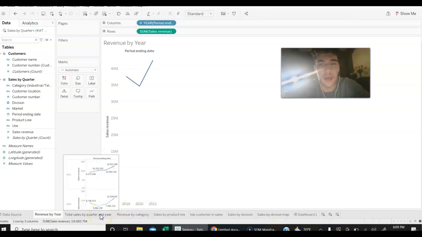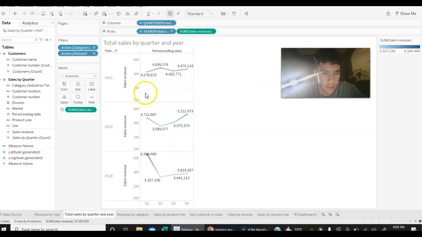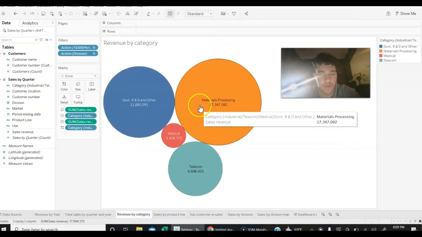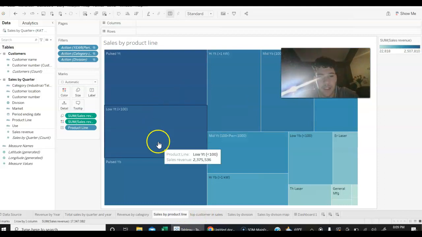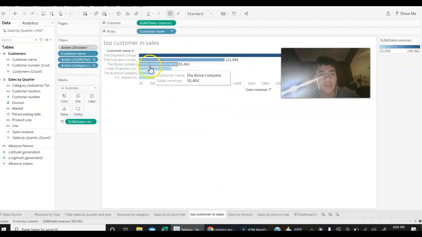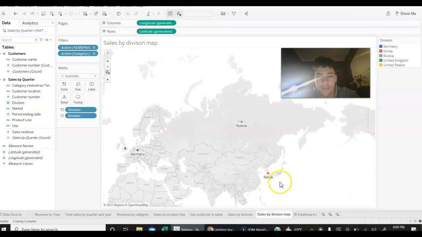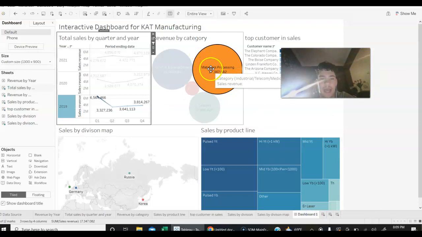This shows my revenue by the year, total sales by quarter and year, a little more specific, revenue by category, sales by product line, my top customers, my sales by division. Here's the map to go along with the last sheet, and here is my dashboard.